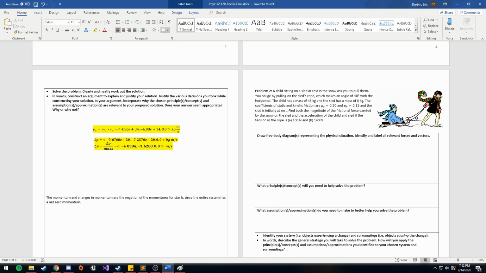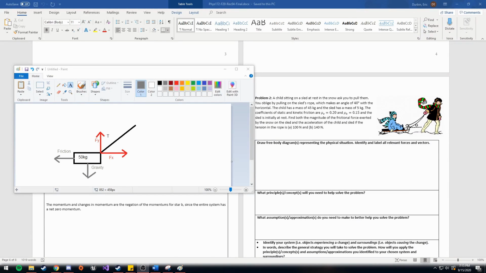Cool. Is everyone good with that? Yes. Nice. Well, if we're good with that, then now, did anyone look at the problem? Yesterday, a little bit. Basically, it's pulling on an object at an angle with friction.